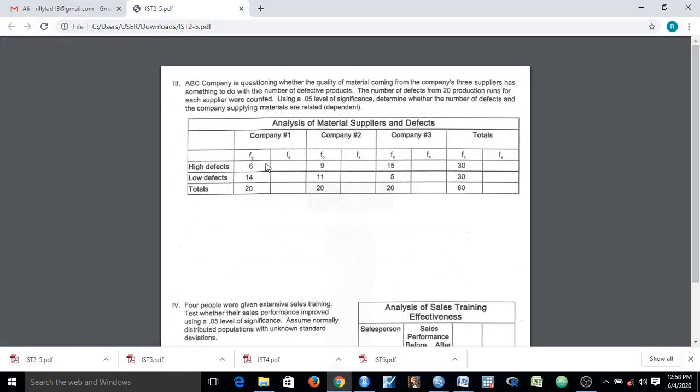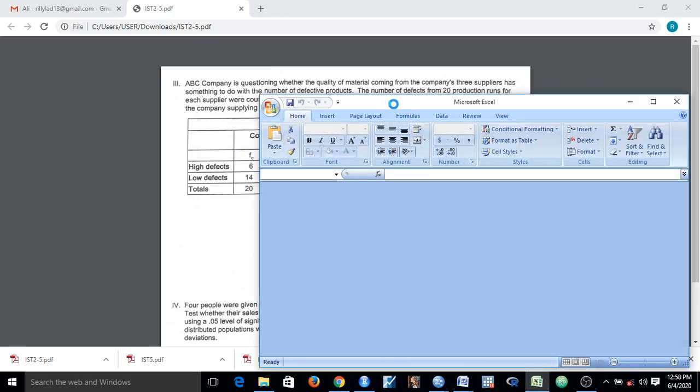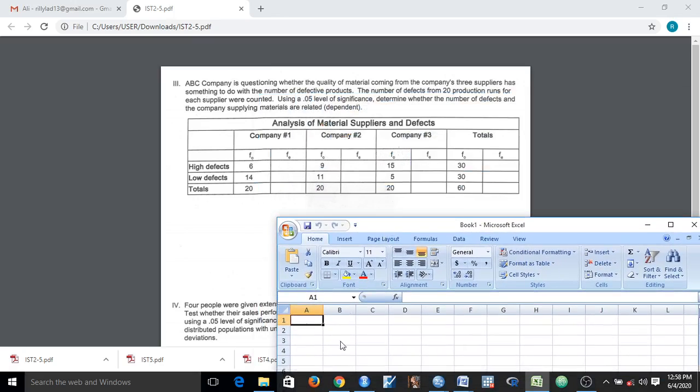Let's see. So we have 6, 9, 15, 14, 11 and 5.